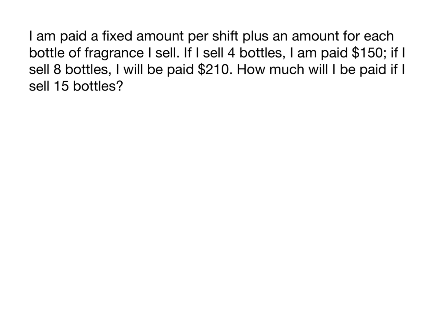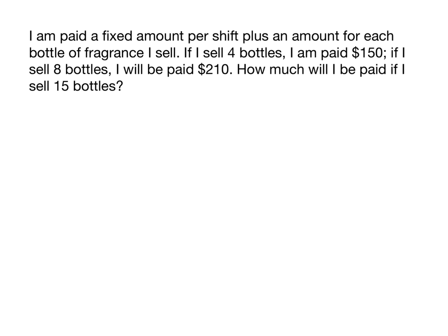Okay, so here we have a linear problem. The reason it's linear is because I get the same amount for each bottle of fragrance sold. Each time you increase the number of bottles by 1, you increase the amount of money I get by the same amount. The gradient here is constant.